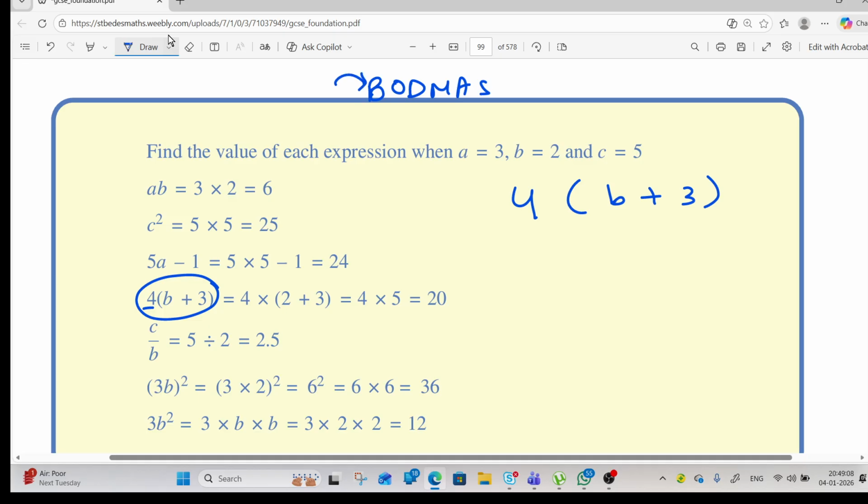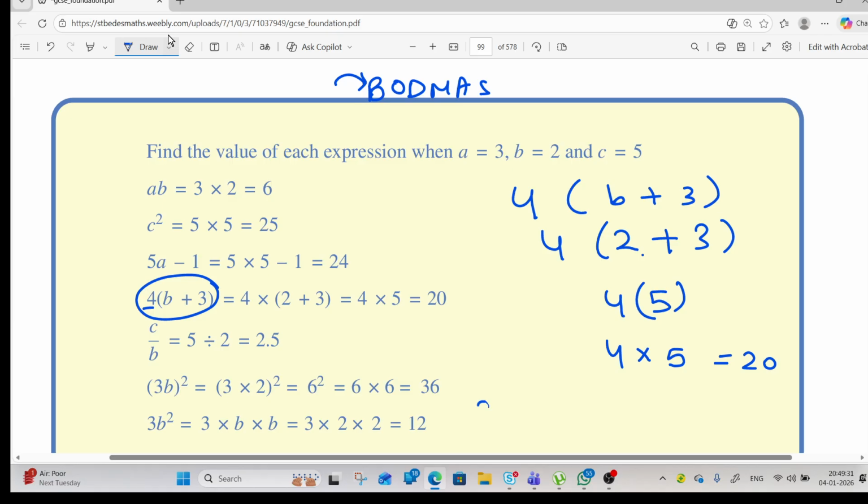Bracket is solved first. The value of b is 2, so I plug 2 at the place of b, then 3 is there, then we have 4. So 2 plus 3 is 5. Now because there is no operation between 4 and 5, that means they are in multiplication. 4 times 5 is 20. So that's my answer. Clear?